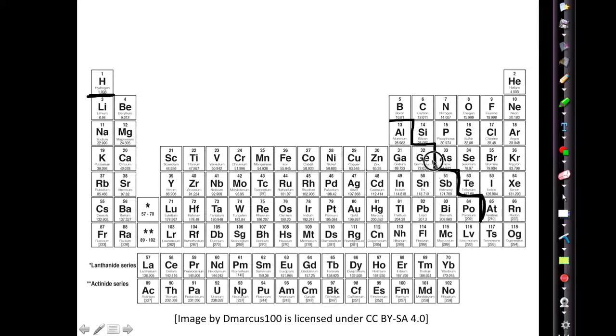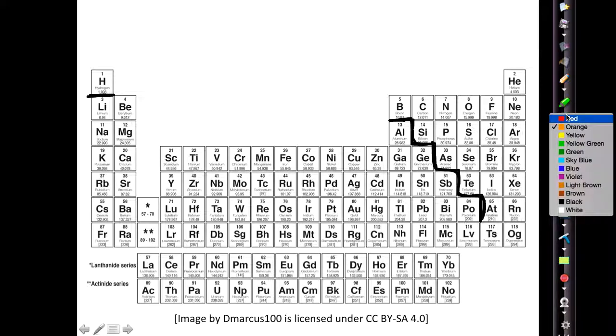And again, this is going to be highlighted on many periodic tables. Doesn't have to be highlighted on this periodic table, so we've drawn it in for effect. This stair-step line separates what we refer to as the metals on the periodic table from the nonmetals.